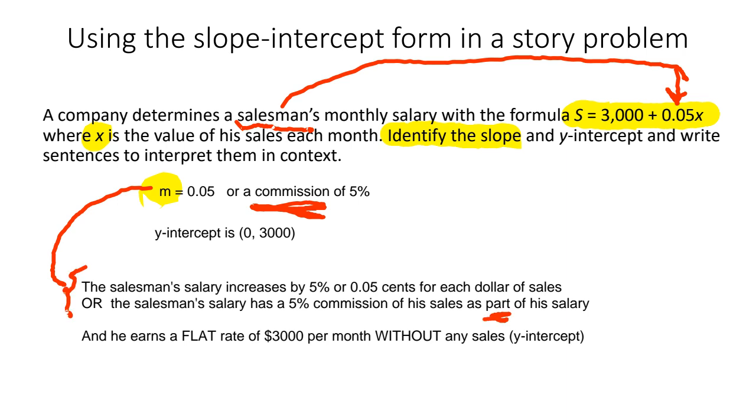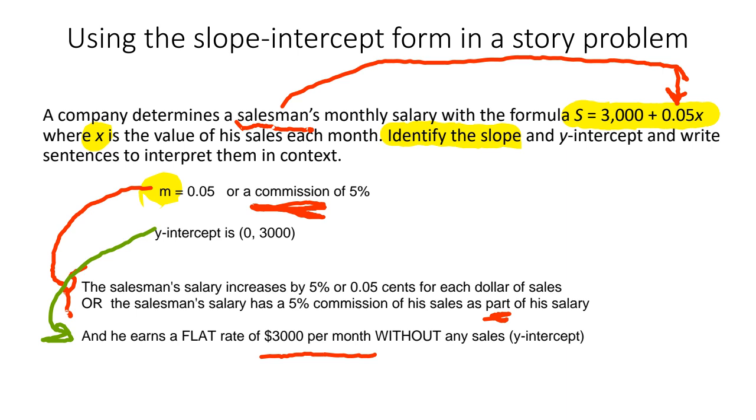But he earns $3,000 a month. That is our y-intercept. He just has to be at the store, and he earns $3,000 if he's there every day. He has to work for 1 month. Some of these things you have to bring in to the story.